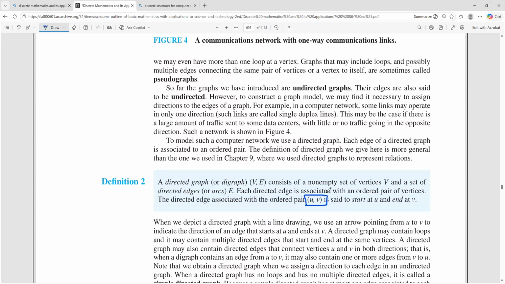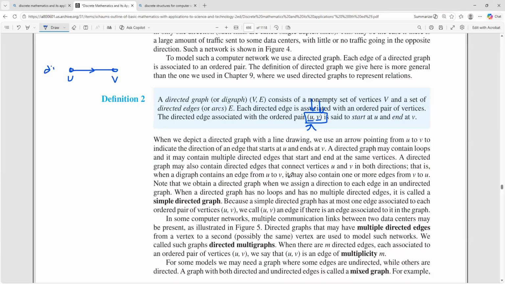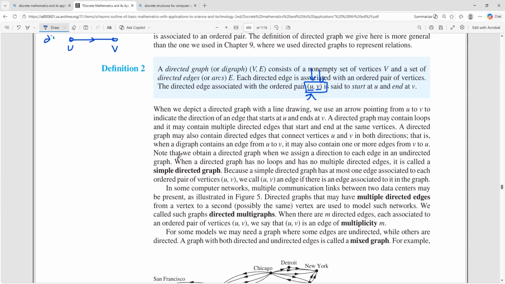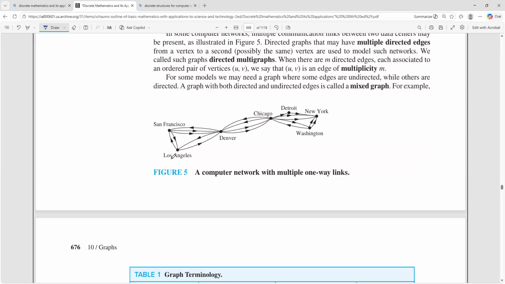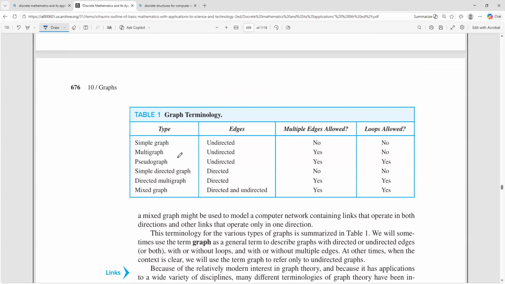But in a directed graph, please note this, the pair UV shows that you start at U and go to V. So if you want to display it, it looks like this in a diagram: you start at U and end at V. And once again, this will also impact how it looks in matrices.